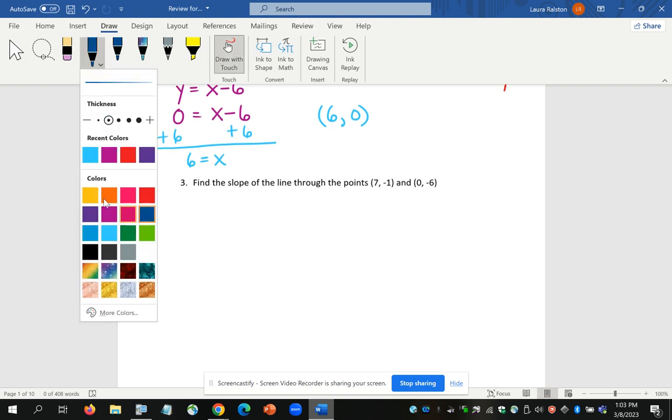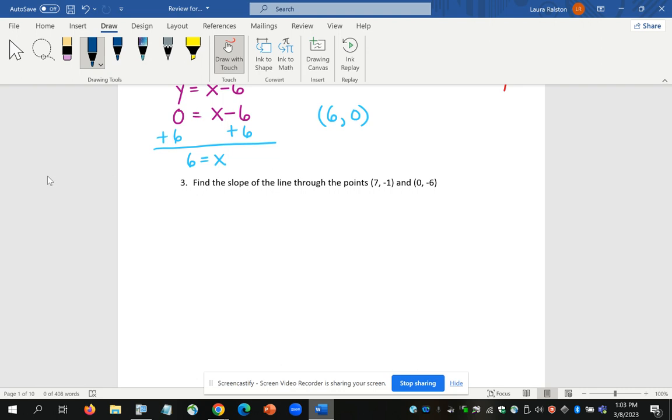The next question says find the slope of the line through the points. So you will need to know or be familiar with the slope formula. You do get to use your notes on the test, so maybe make yourself a formula sheet and include the slope formula.